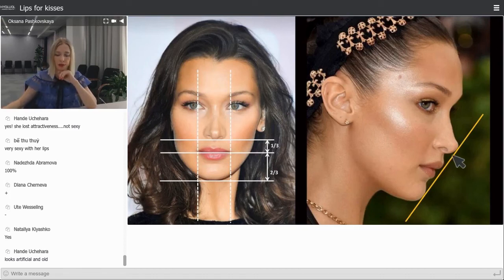And look also at the nasolabial angle. It could be less than 90 degrees also. So I worry about her appearance, but really, Bella Hadid we could forgive a lot.